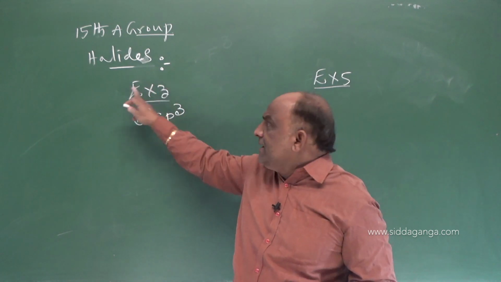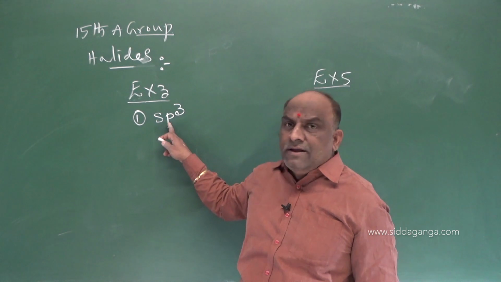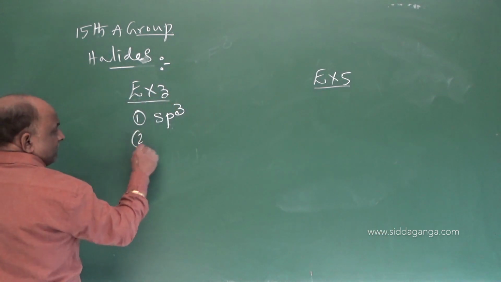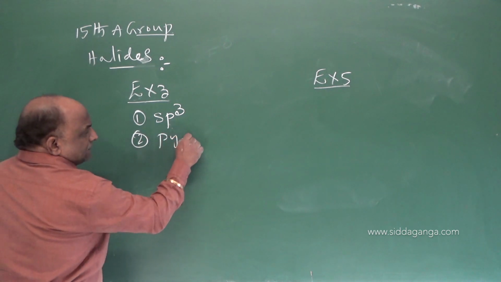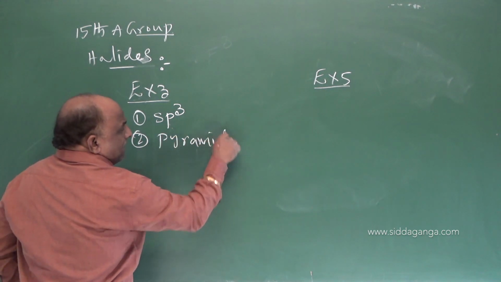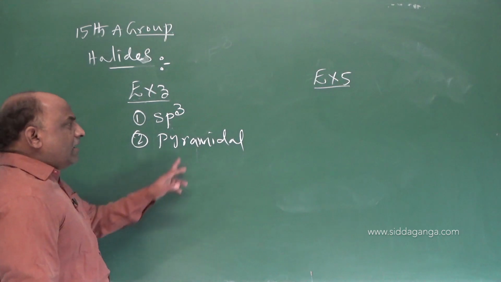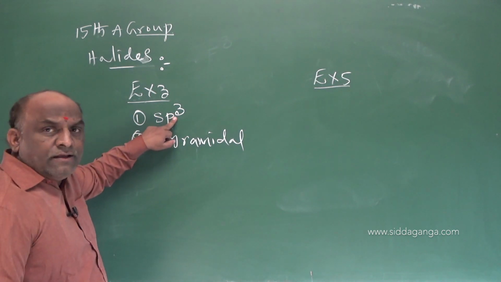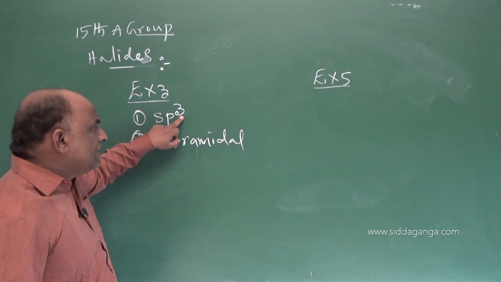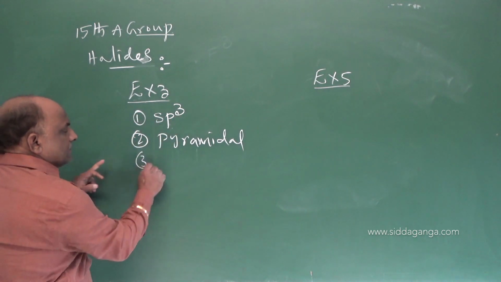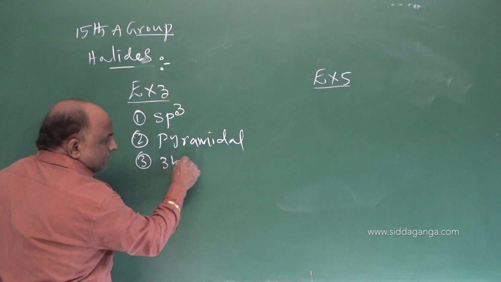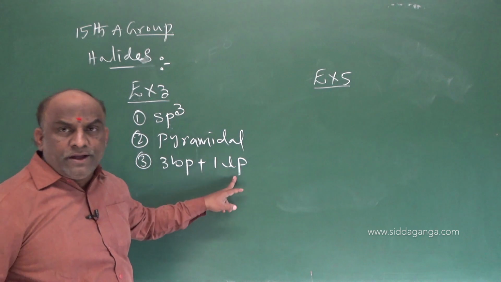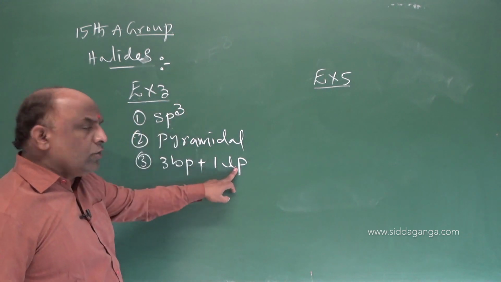Second, the shape of the molecule is pyramidal, as the central atom E undergoes sp3 hybridization. Third, the number of bond pairs is 3 and lone pairs is 1, that is, 3 bond pairs plus 1 lone pair.